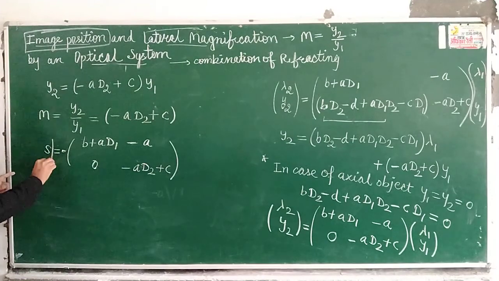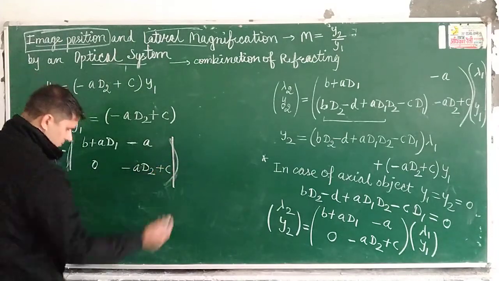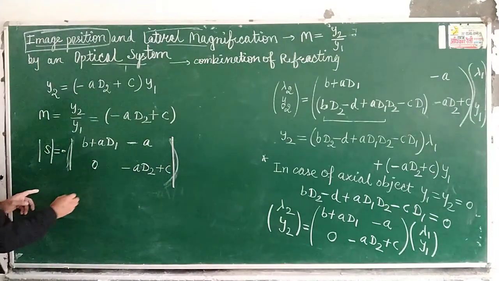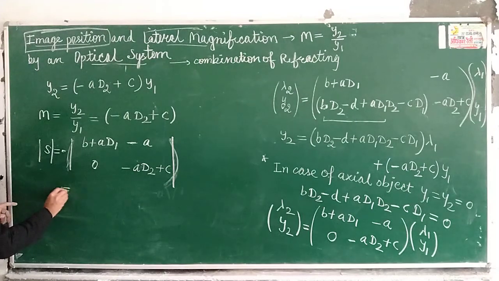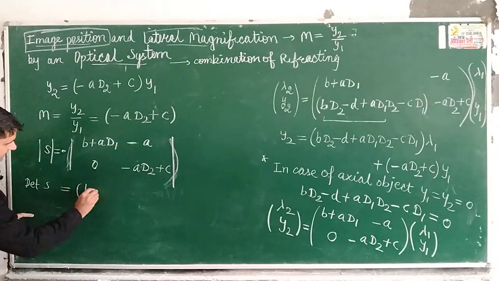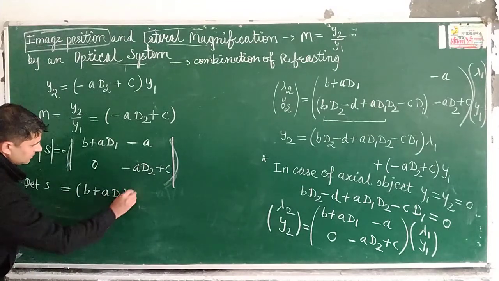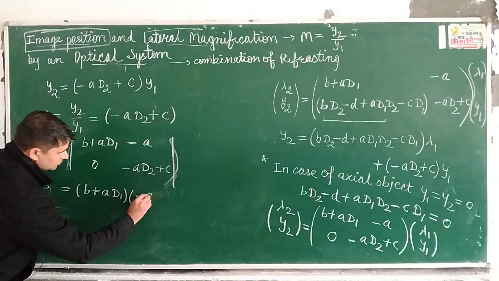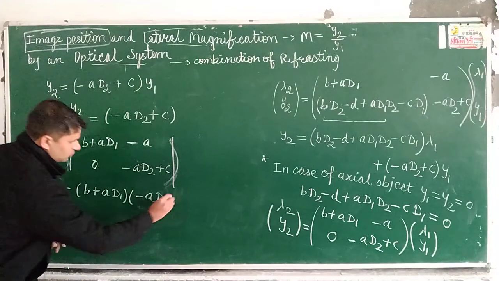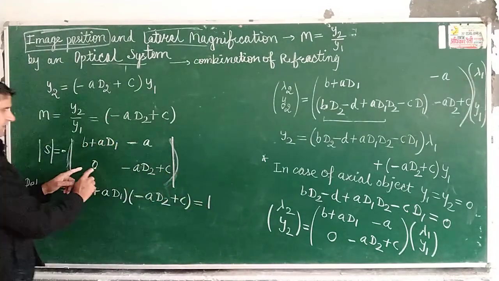So if you find its determinant, you will find that the determinant of the system matrix will be equal to b plus a d1 into minus a d2 plus c. This will be equal to 1 because this factor is 0.